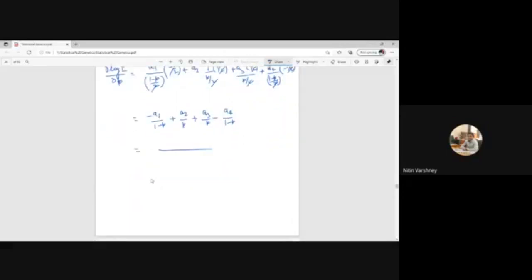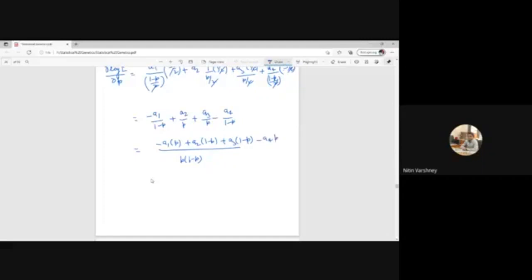See, I'll take the LCM p(1 minus p). So this will be minus a1 p plus a2(1 minus p) plus a3(1 minus p) minus a4 p.